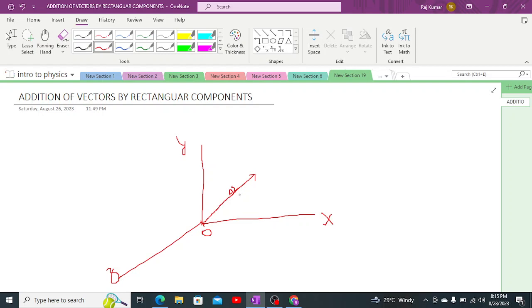But before that, in order to calculate, this vector a1 should undergo a resolution, which means we would be resolving vector a1 into its components. What kind of components?